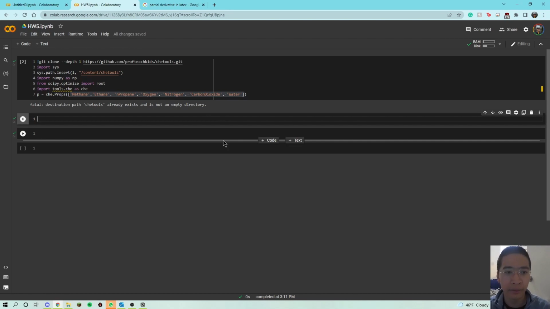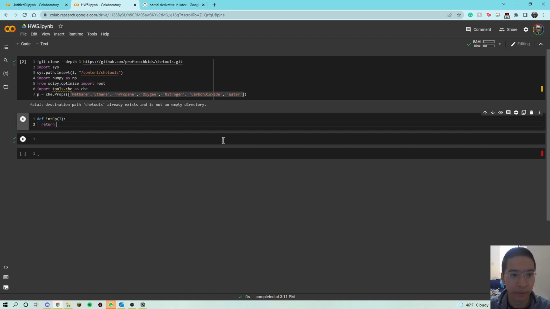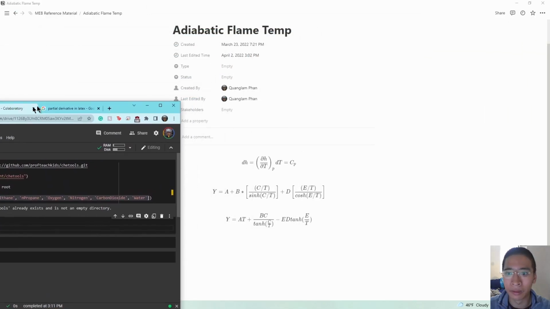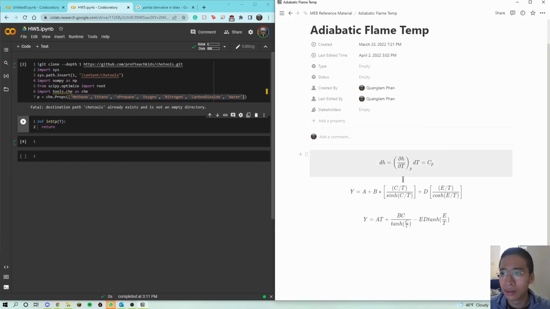Okay, first thing we want to do is let's define a function called int_Cp, or integral of specific heat, and this function is taking in an independent variable temperature, and what it's returning is this expression right here. Okay, so we return P.Cp_IG.